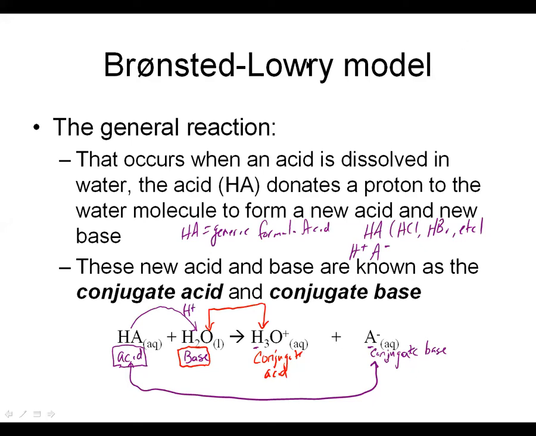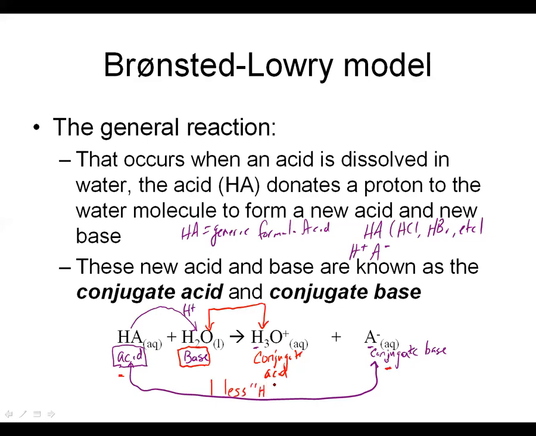And if you look at the difference between the acid on one side and the conjugate base on the other, the difference between this acid and our conjugate base is 1 less H plus.